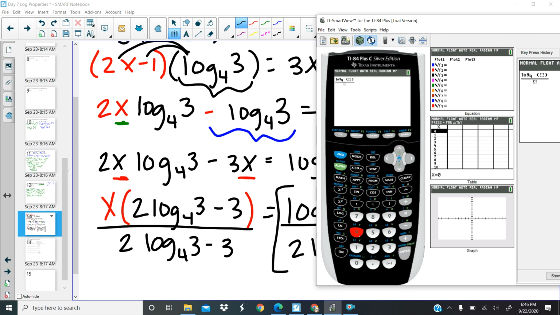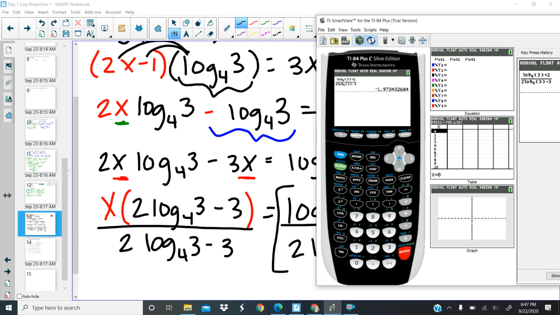My base was 4, the inside was 3, and then I'm just going to press over to do plus 2. And then the denominator was 2 times log base 4 of 3, and then minus 3. So math up again. And then the base was 4, the inside was 3, and then on the outside we have minus 3.